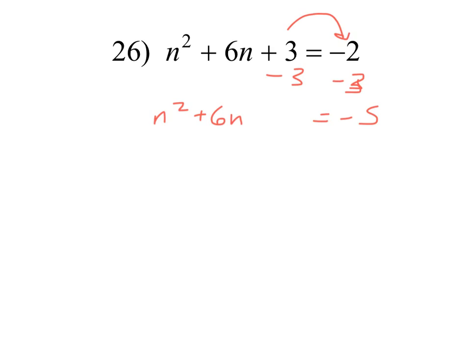So 6 over 2, because our equation's b over 2. So we put 6 over 2 squared. What's 6 over 2? So we're adding 3 squared to the left. What do we need to do on the right to keep it balanced? Add 3 squared. What's 3 squared? 9. So what's going to go in our parentheses now?